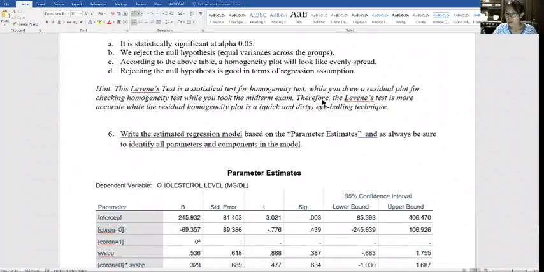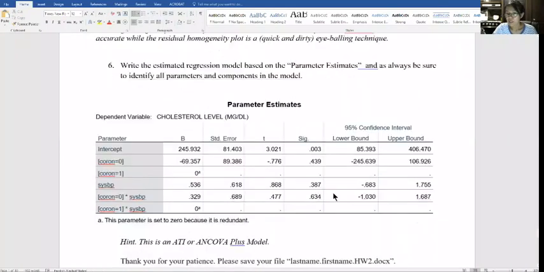Let's read this one. Write the estimated regression model, parameter estimate. Parameter estimates is one of the outputs under the GLM menu. Whenever you write down your regression equation, you have to use this table under the GLM menu. Do you remember the question?